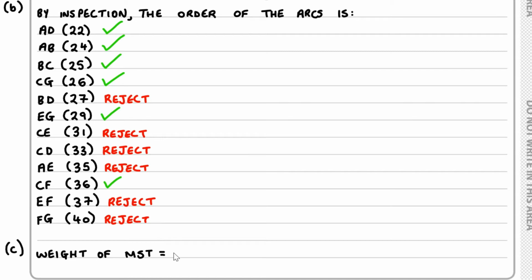So we have 22 plus 24 plus 25 plus 26 plus 29 plus the 36, and if we add all this together, it turns out we get 162 kilometers.